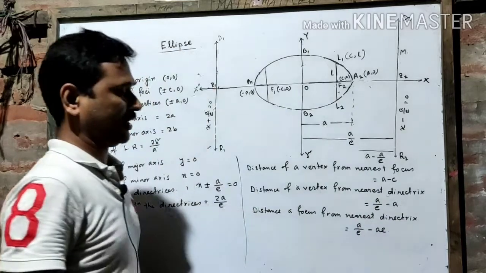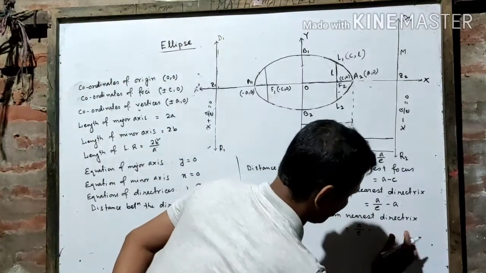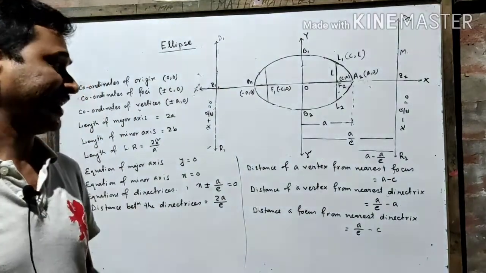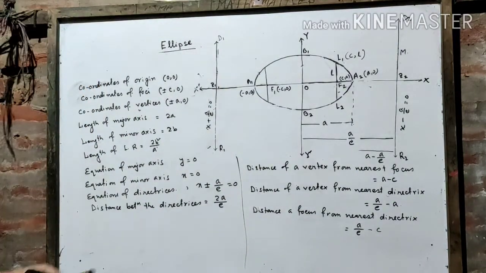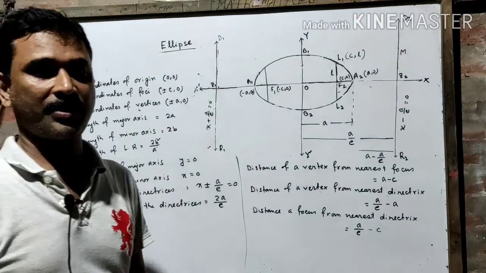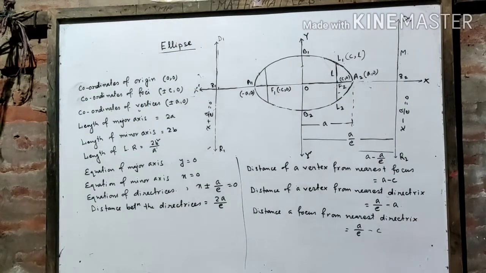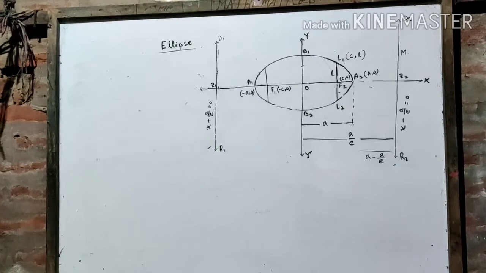A by e minus ae means a by e minus c, and the value of c is ae. These points will be very important for questions. When we go for solving questions, there will be hints from these points, so we have to remember them. All right. Fix this picture in your brain. This will help you in solving problems.